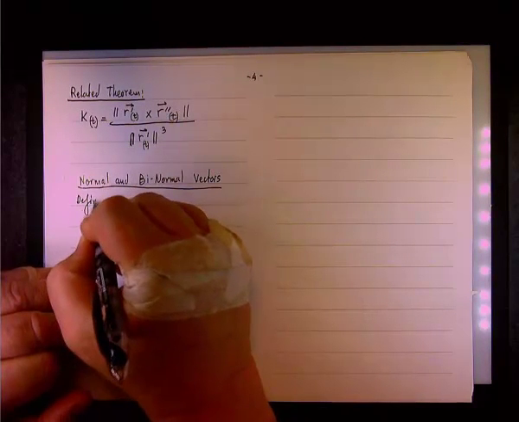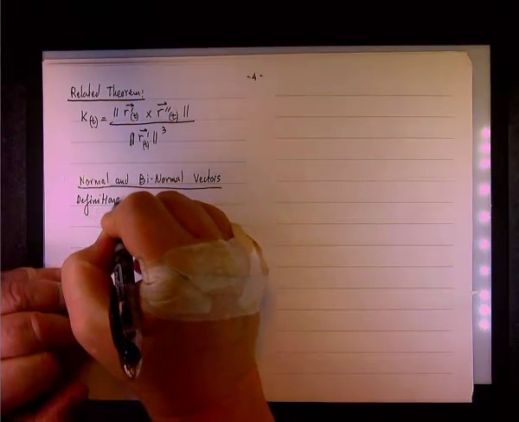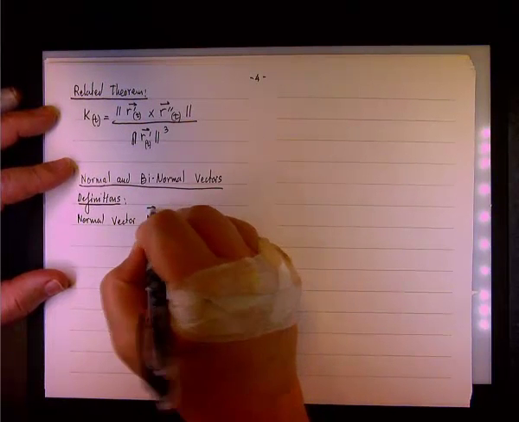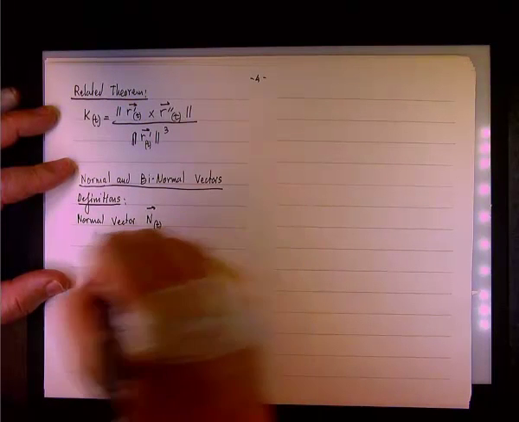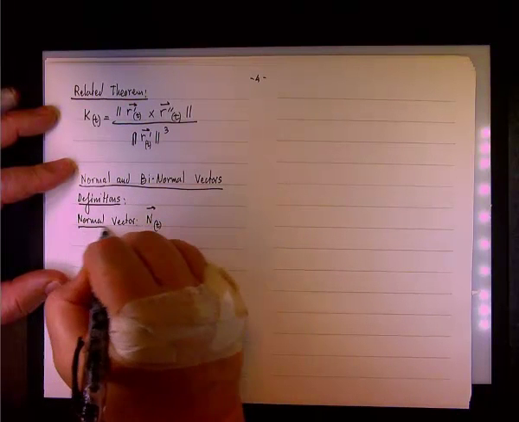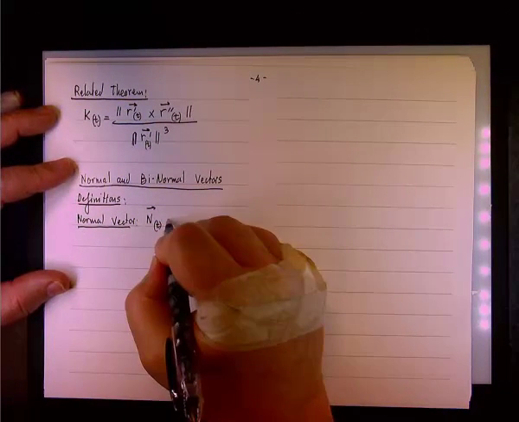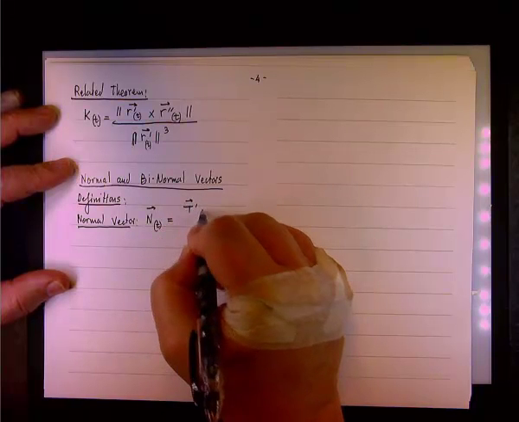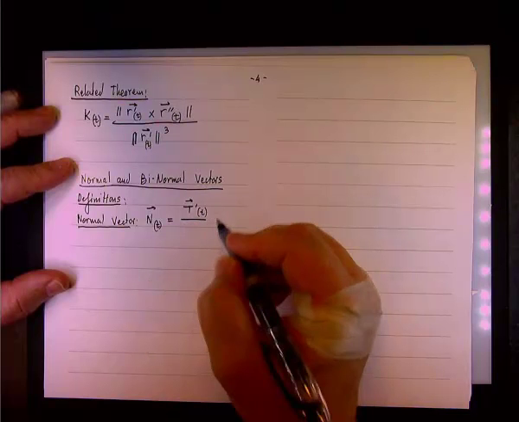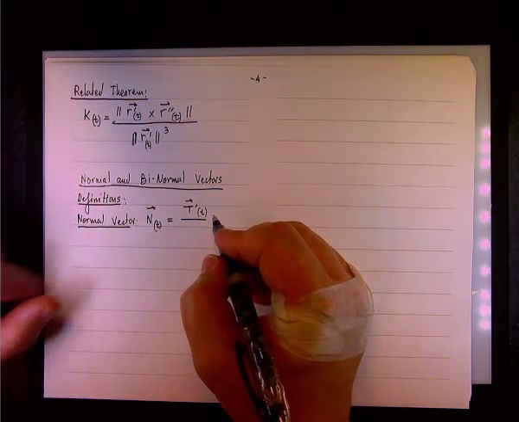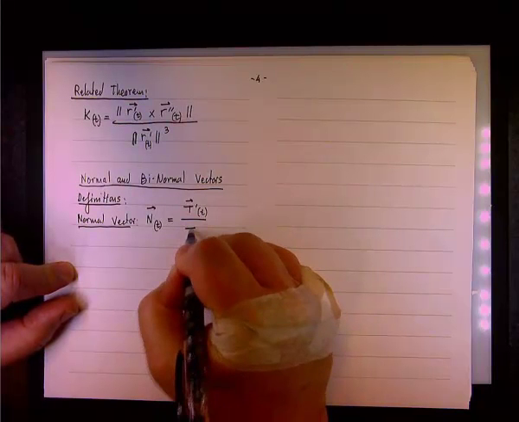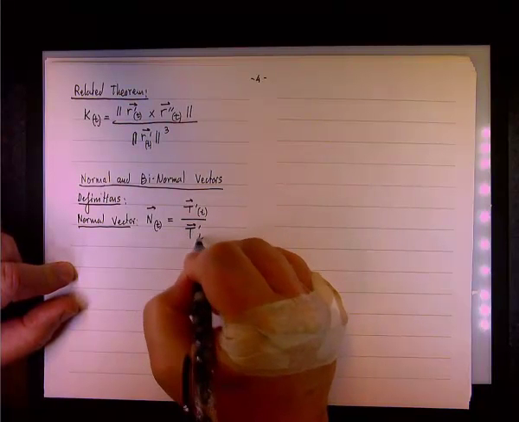So I have a couple of definitions here. The notation, of course, is N. And I'm going to say that N, and it's a vector, we can express it as a vector function, N of t. By definition, it will be the vector T prime, the derivative, divided by, can you take a guess what they're going to divide by?